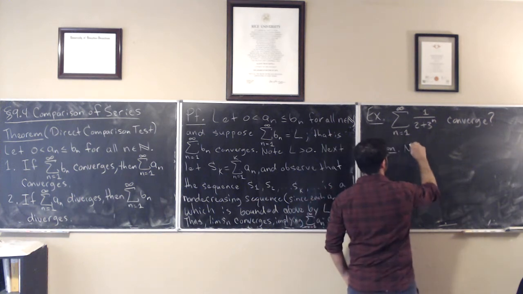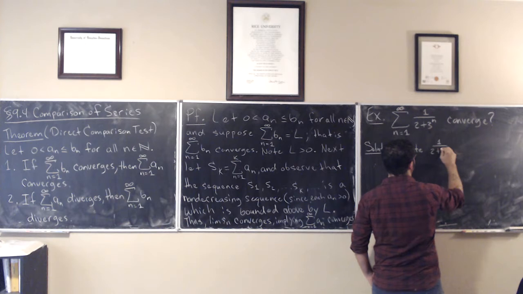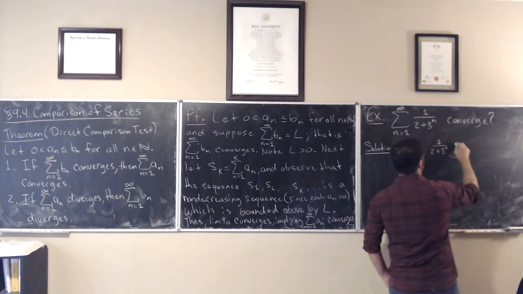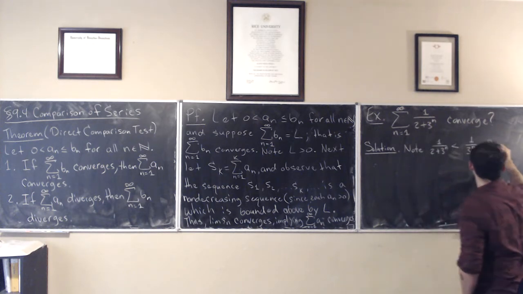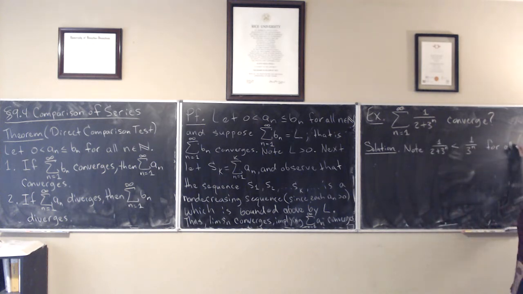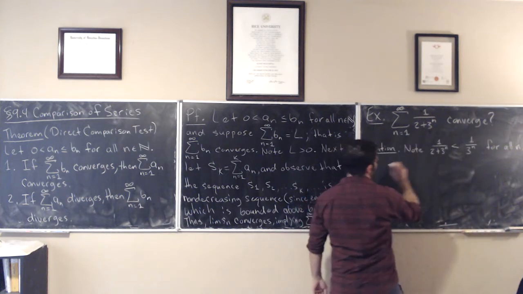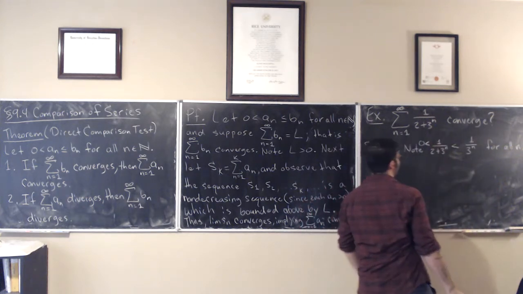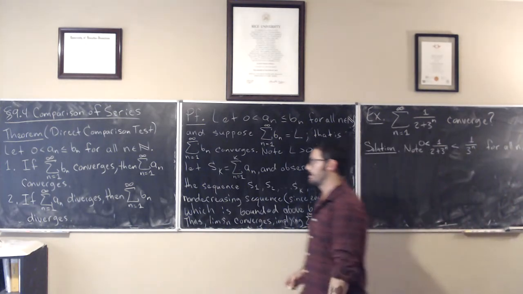So note that 1 over 2 plus 3^n is less than 1 over 3^n for all n. You're dividing by a larger number, so this is going to be at most this. And I should probably say 0 is less than that, at most that. These are all non-negative terms. So we have that part.